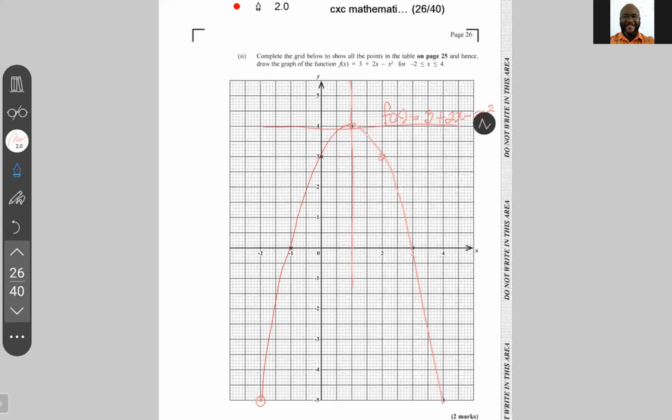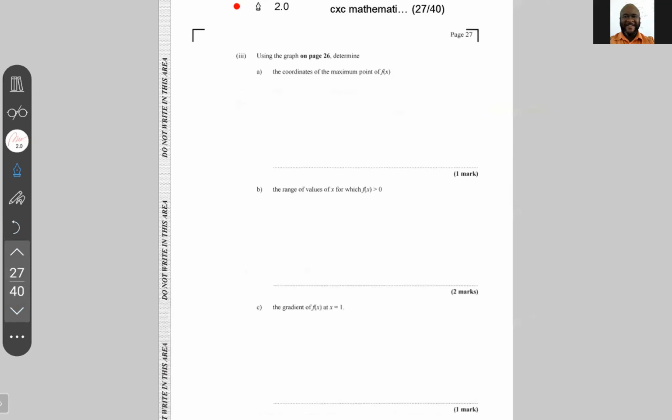So the maximum point is 1, 4. So the coordinates of the maximum point are 1, 4. Max TP stands for maximum turning point.